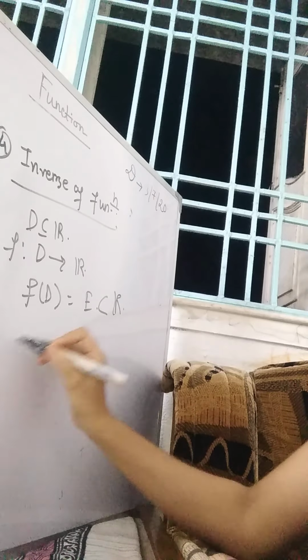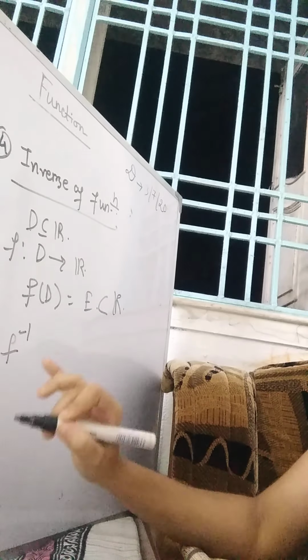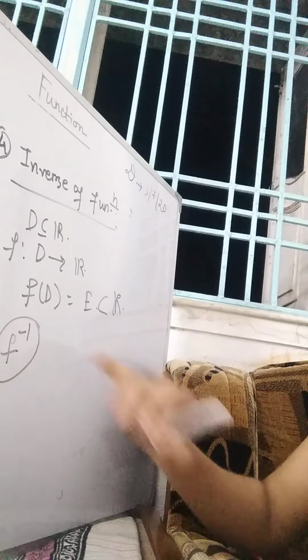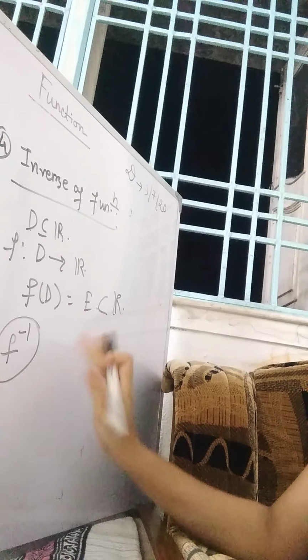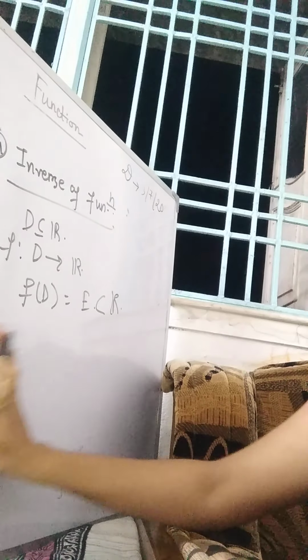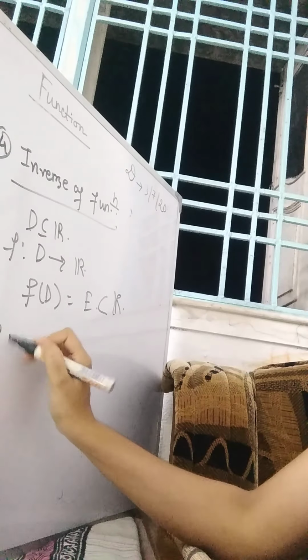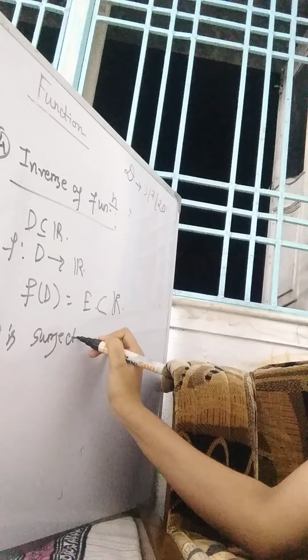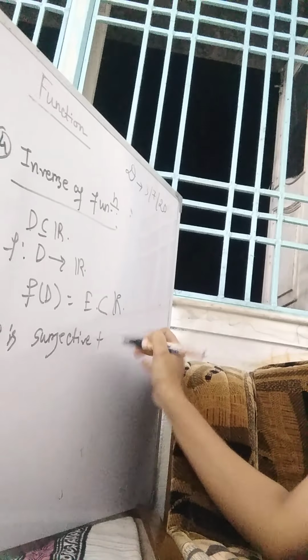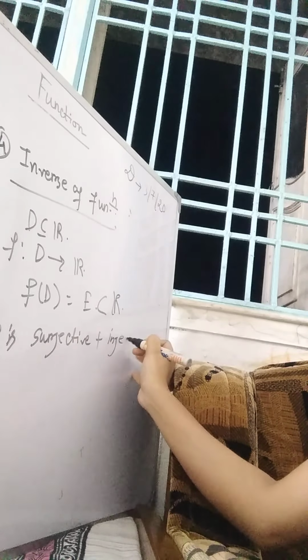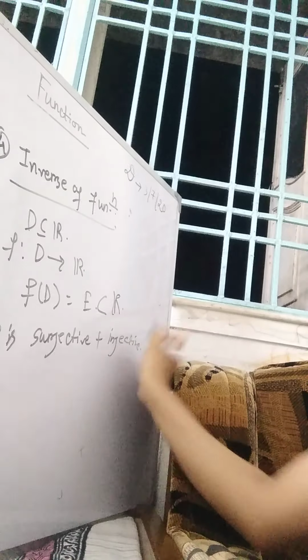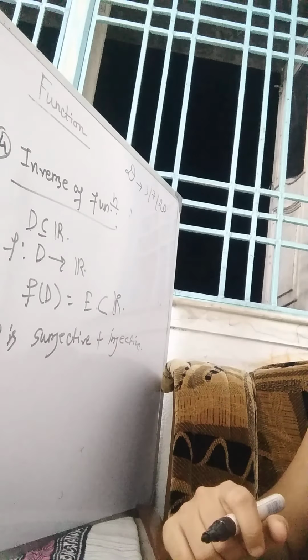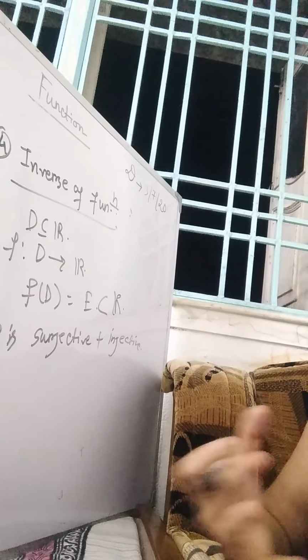Inverse of the function is defined by this. We already know about it: the function f is surjective and also injective. Then we can find the inverse function. How is it defined?